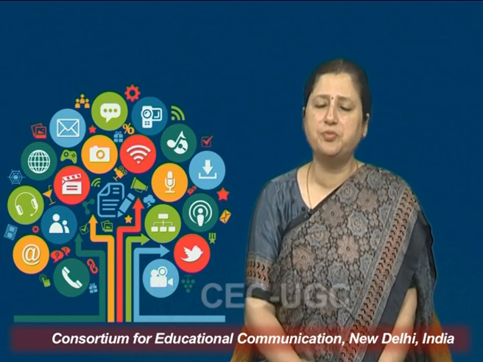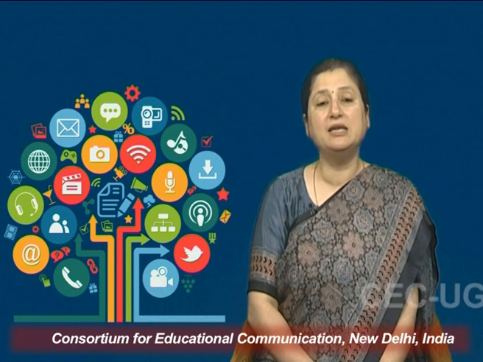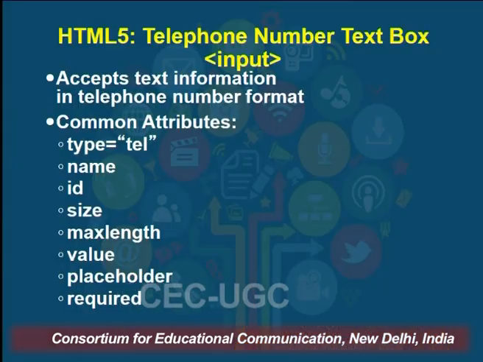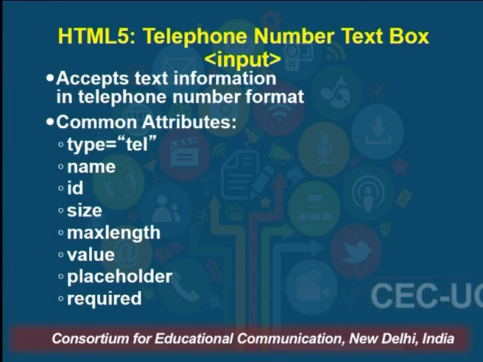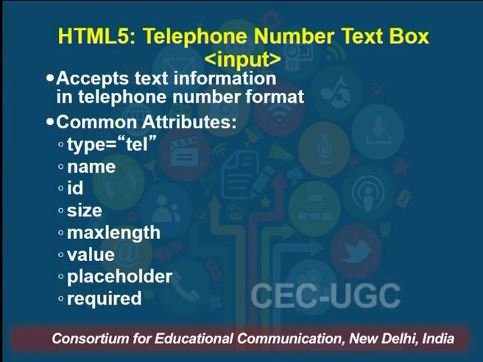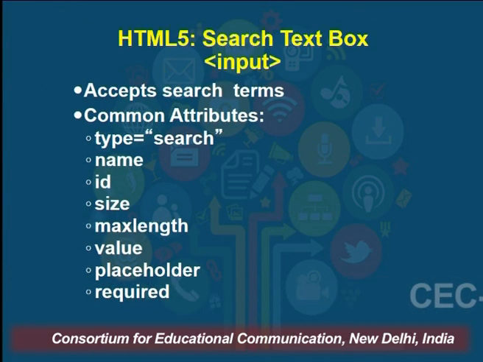If the format is not correct, it is going to prompt the user to kindly provide the telephone number in the correct format. Then you can have the name attribute, ID, size, max length, value, placeholder, and required, like all the other attributes that we have discussed.